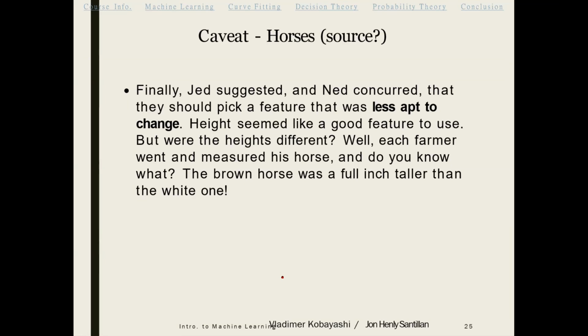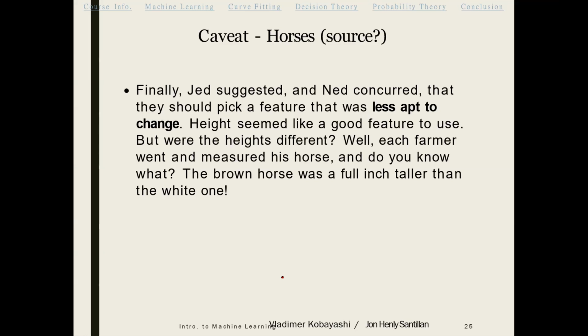So what is this story about? It's about constructing good features to describe or characterize the objects. If you have good features that can discriminate, then you may get a good method to identify one object from the other.